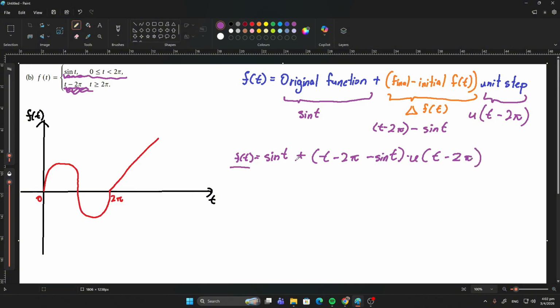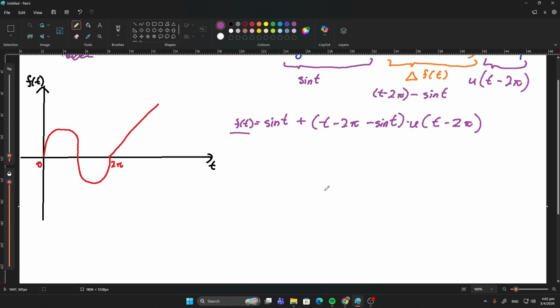Now here comes the fun part, which is essentially Laplace. So how do I Laplace this whole thing? Okay, to make life easier, I'm going to break things down a little bit. I'm going to label this as h(t), and I'm going to label this as g(t), basically giving them new functions, and then this is obviously your u(t), something like that.